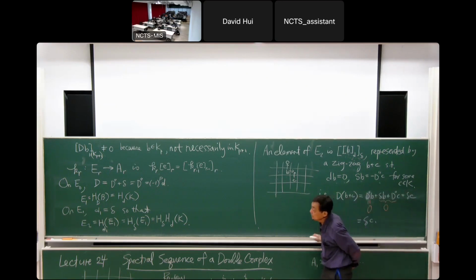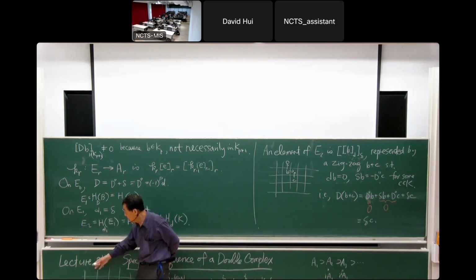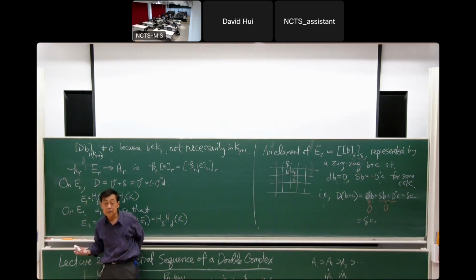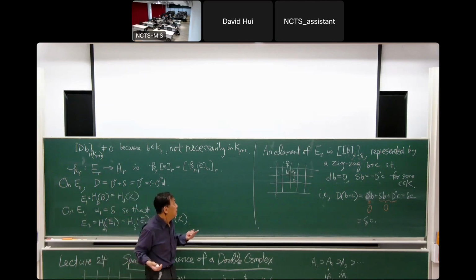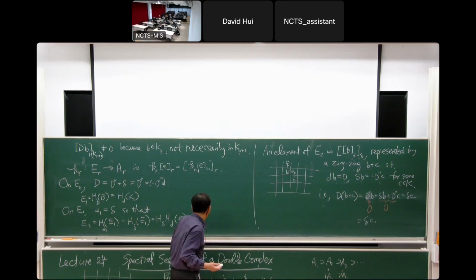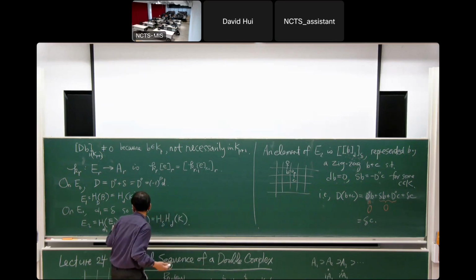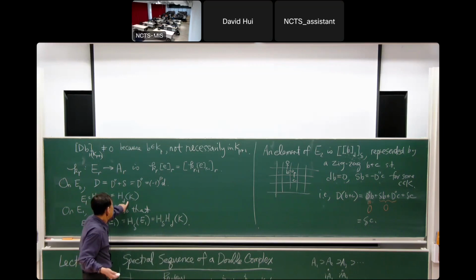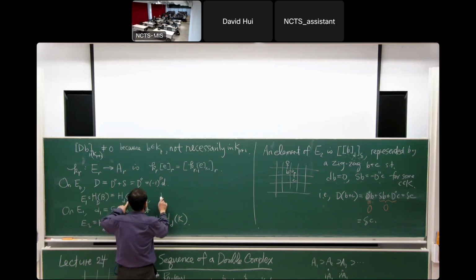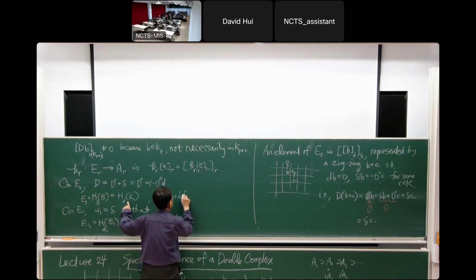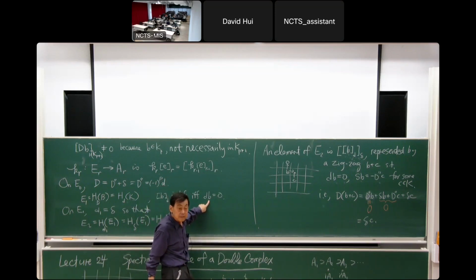Not every element of K will define an element of E1 or E2 or E3, right? To be in E1, this is defined if and only if dB is 0. So to be in E1, you have to satisfy this condition.